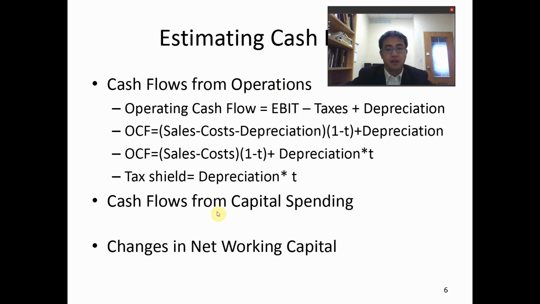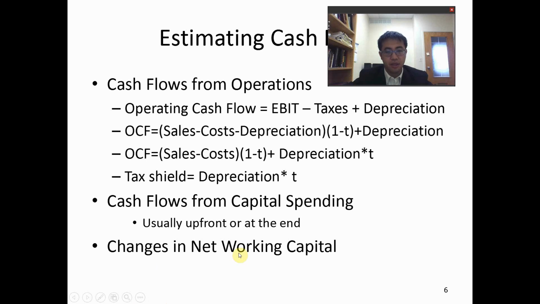And we also have cash flows that occur one time, which is cash flows from capital spending. It's usually paid upfront, or it can be salvaged at the end. Like say if you start a business, you have to buy a $1 million machine and have it set up, and then after 5 years, when the business is gone, you sell the machine for some salvage value, and that's cash flows from capital spending.